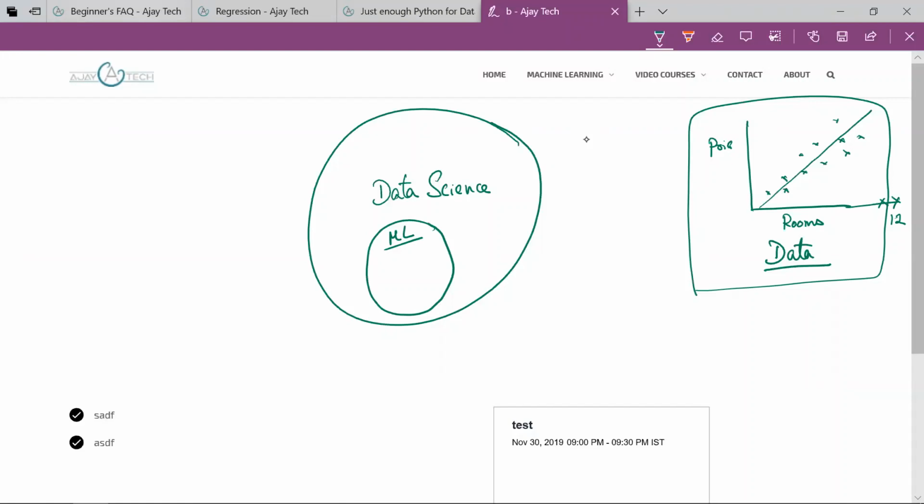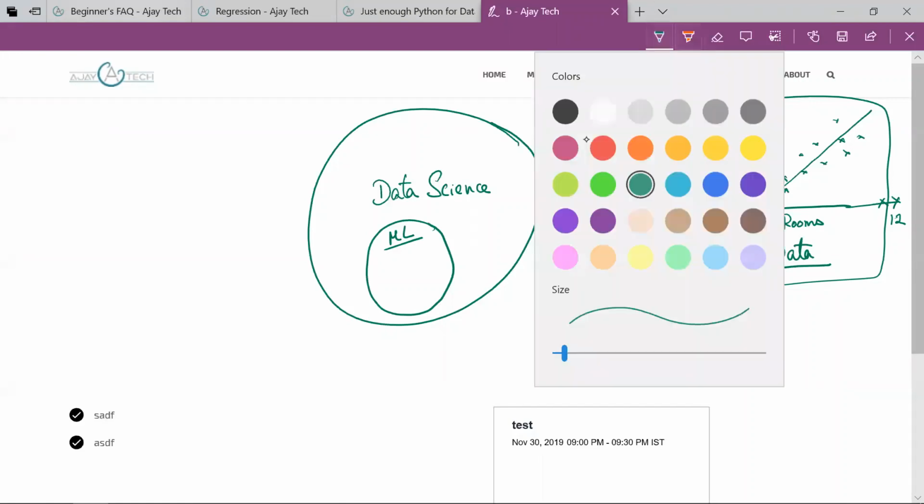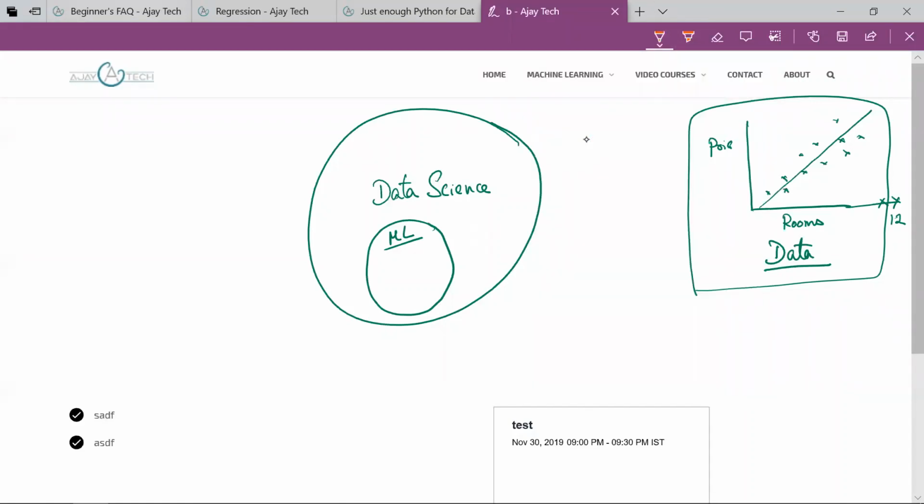There are no villas with 12 rooms, let's say, even for America. Now, what would be the price? Can you identify the price? Yes, we can identify the price. So this is called prediction. So generally, when you try to predict the future by understanding the patterns of the existing or past historical data, that's called machine learning.